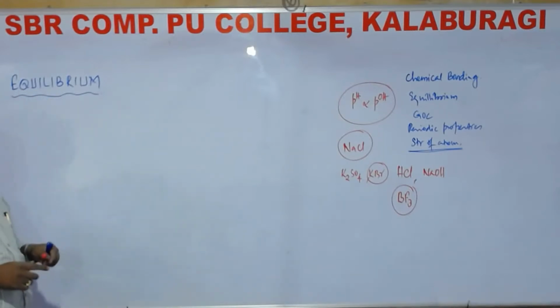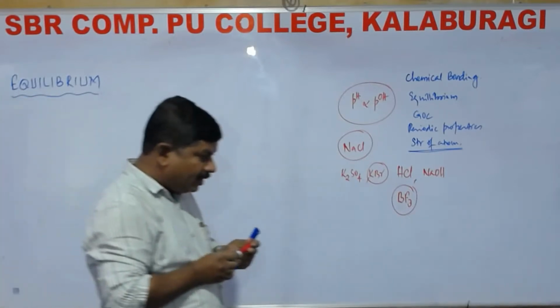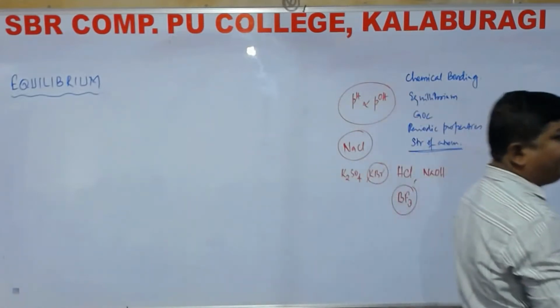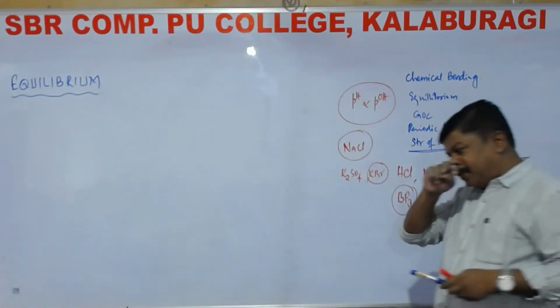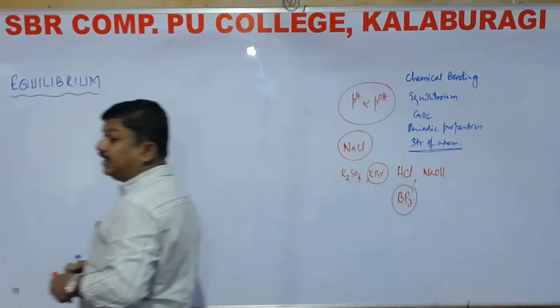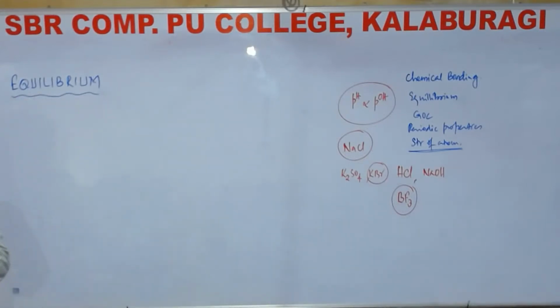Basically, what is the meaning of this equilibrium? Equilibrium is a very common process which takes place in all the different types of chemical and physical processes. Equilibrium refers to a particular state of a reaction where observable properties of that particular reaction remain constant.